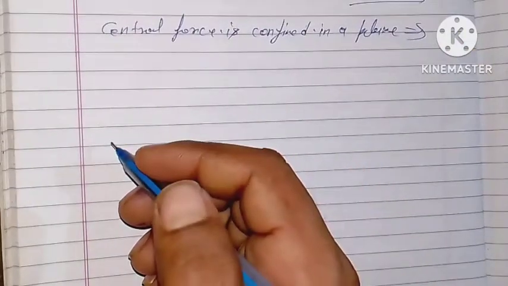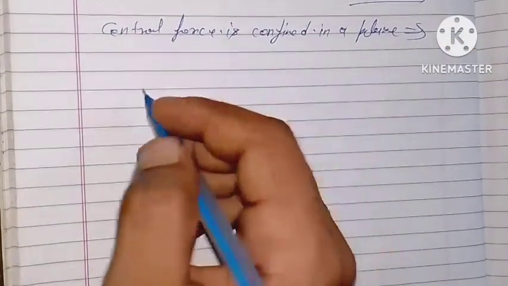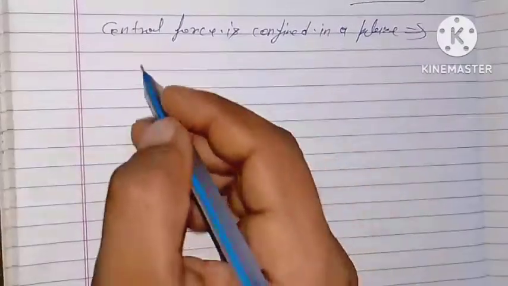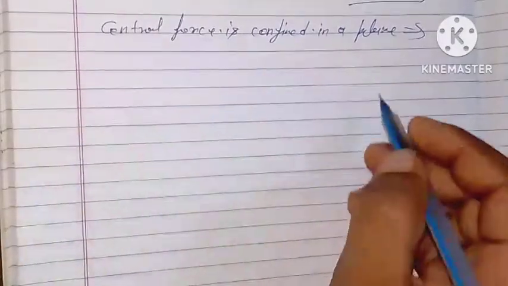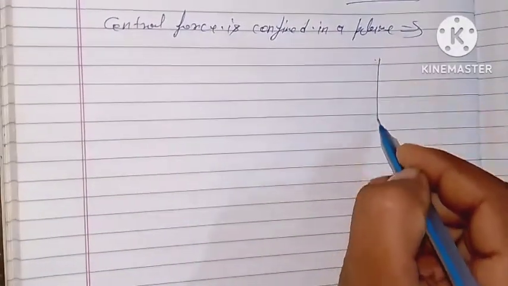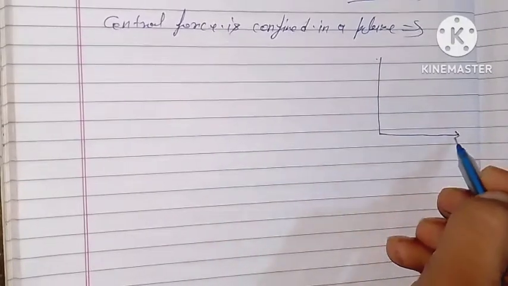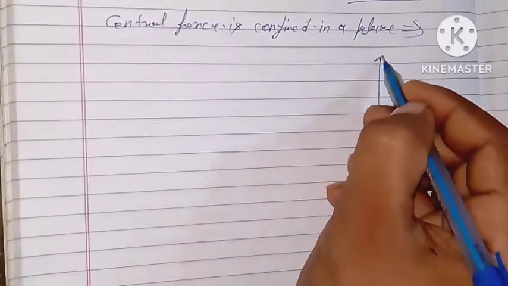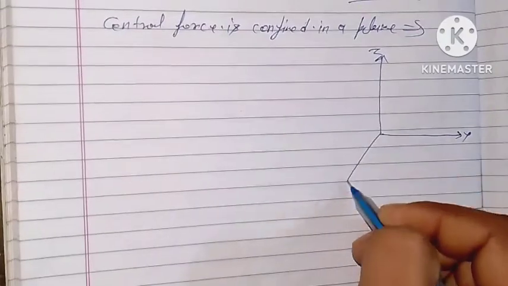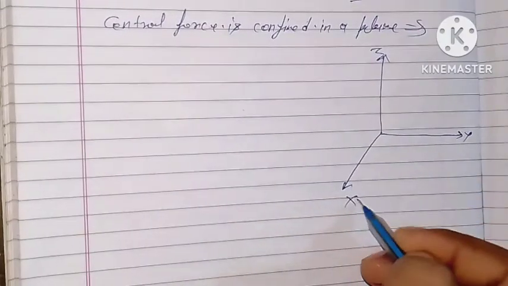The angular momentum of a particle. This is the y-axis, and this is the z-axis, and this is the x-axis.